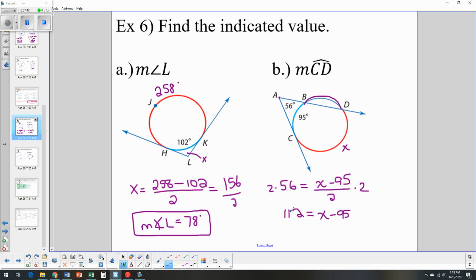And I can add that 95 to both sides, and the measure of arc CD equals 207 degrees. Okay.